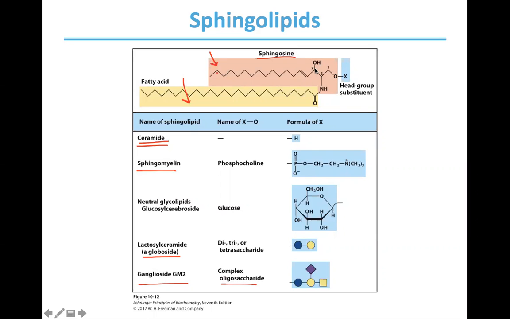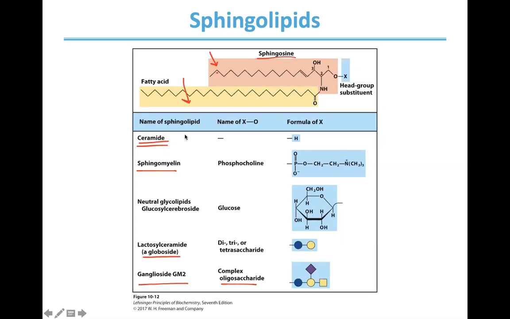So here it looks like it's glycerol, but it's not quite glycerol, right? There are 2 hydroxy groups like in glycerol, positions 1 and 3. But on position 2, we have an amino group. So that would be sphingosine, and sphingosine also has a long fatty tail, right, with a double bond in it. And the double bond is positioned at an allylic distance from this hydroxy group. So that's sphingosine.